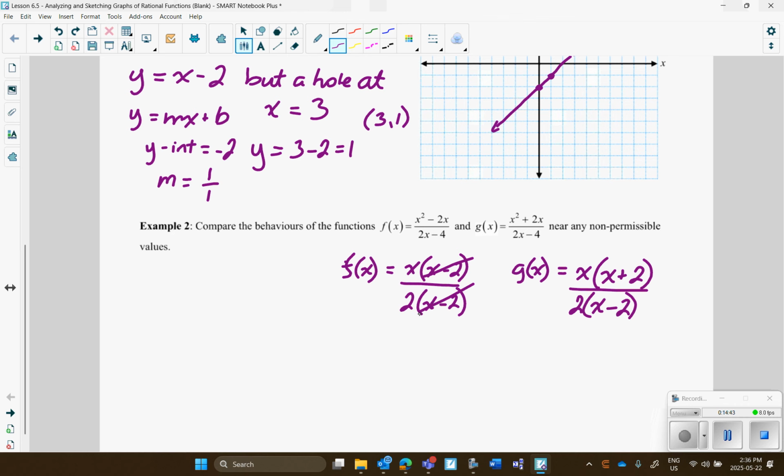And remember, when you cancel things out, a hole will exist. That's the difference in the behaviors. Because I was able to cancel out the NPV here, there's a hole in this graph.